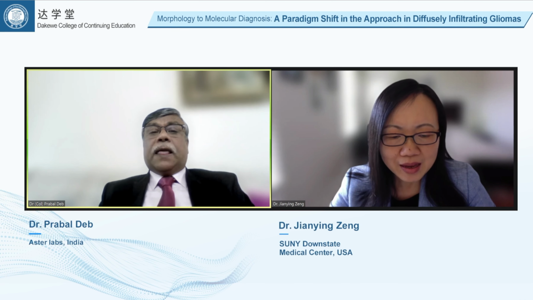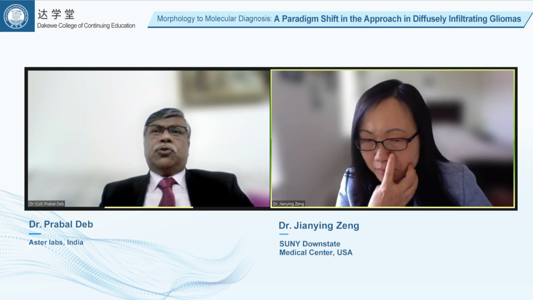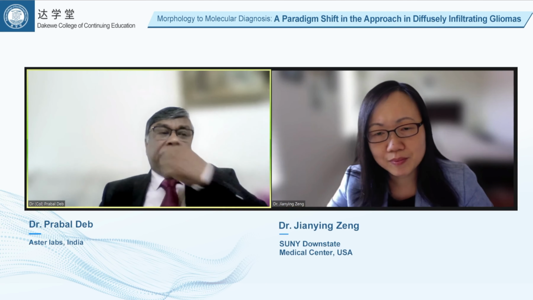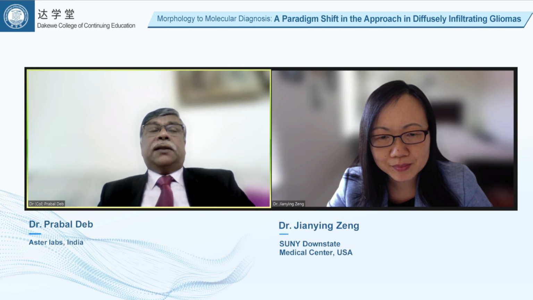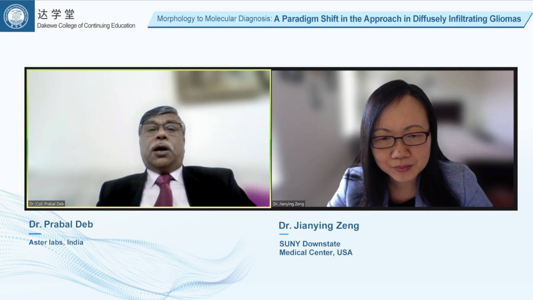Okay. But otherwise, routinely, how I practice is first the glioma panel: IDH1, P53, ATRX, 1p19q. And Ki67 is definitely there. I use it as a thumb rule for all my cases.